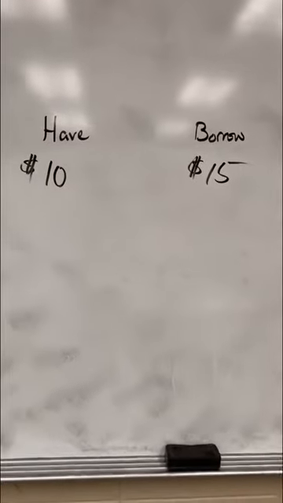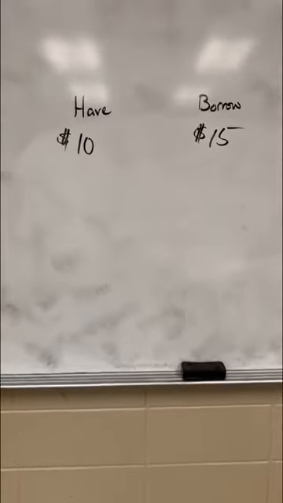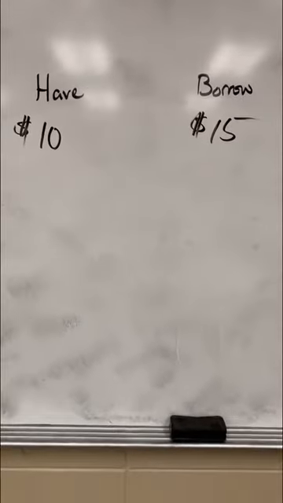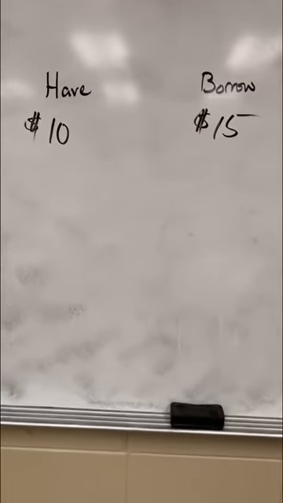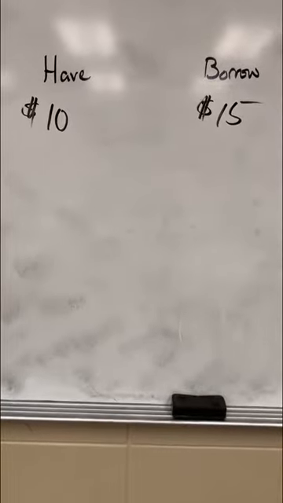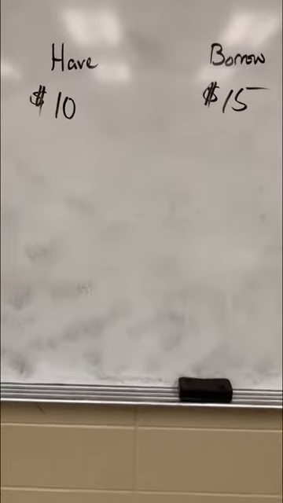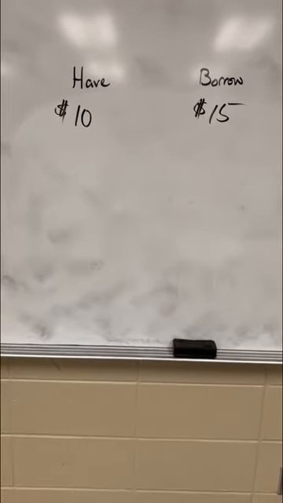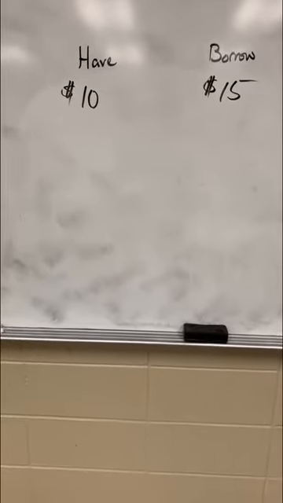All right, so you have $10 and I need to borrow 15. The red flag is right here. You're going to say, I don't have enough. And that's where we have to get into it. If you don't have enough, how much more do you need to get so that I could borrow that 15? And that's when you say, oh, I still need $5. You get what I'm saying?